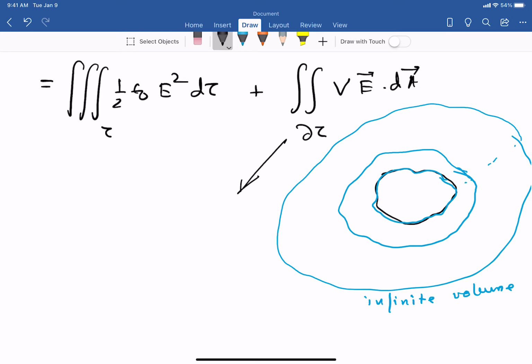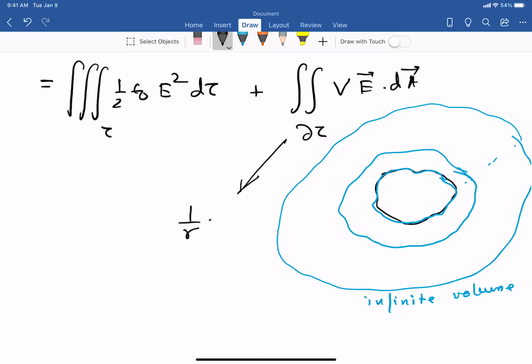How do these scale when the volume of integration is infinite? From far away, the potential will go as 1 over r, approximately.